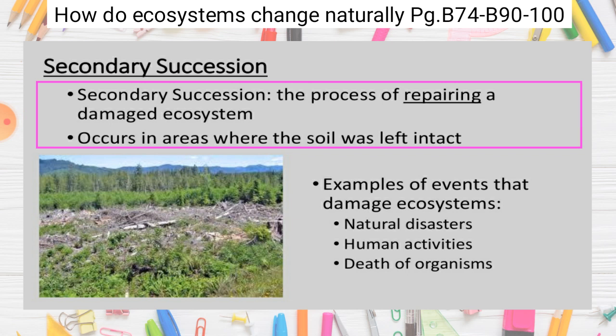In secondary succession, we used to have a full ecosystem. But due to unexpected events, this ecosystem was partially destroyed. Examples of events that damage ecosystems are natural disasters, human activities, and death of organisms.